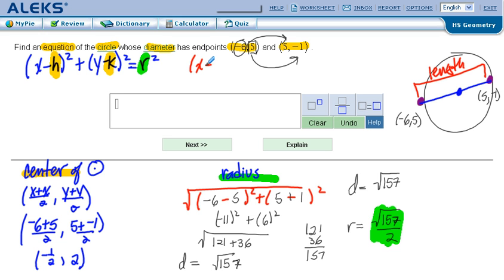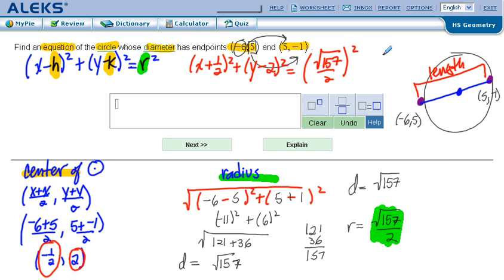We have (x minus h), our h is -1/2, so we're going to do x + 1/2, squared, plus (y minus k), which is 2, squared, equals our radius, which is √157 over 2, squared.